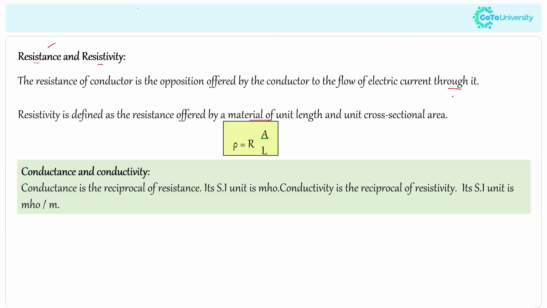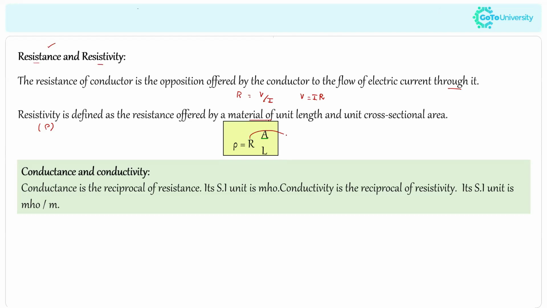As I said already, the resistance is calculated using the formula V divided by I, by using Ohm's law, V is equal to IR. The value of resistivity is represented using the letter rho, and it can be calculated using the formula rho is equal to R times A divided by L.